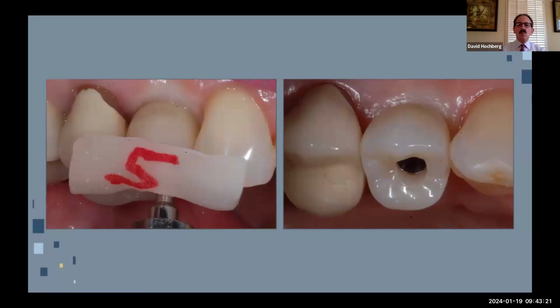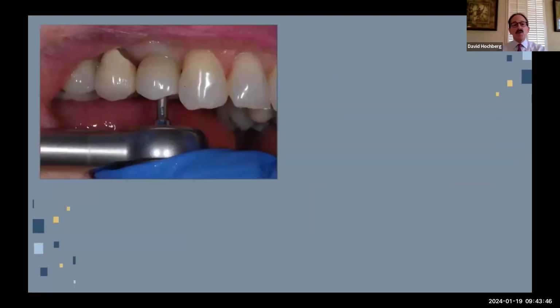Some of us like to walk into the operatory and see absolutely no cement on your bracket table. Some of us feel that trying it in and adjusting the contact in a screw retained restoration is more trouble than just securing an abutment and cementing it. It's your choice, and they both work, and utilize them for your needs.